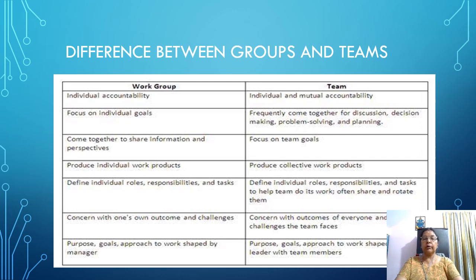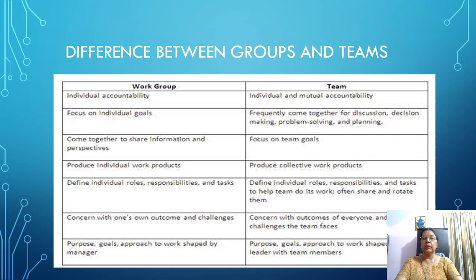So in groups, the focus is mainly on individual goals, whereas in teams, the focus is more on planning together, discussing together, taking decisions by consensus, and collectively doing problem solving. So that is how the teams are categorized.